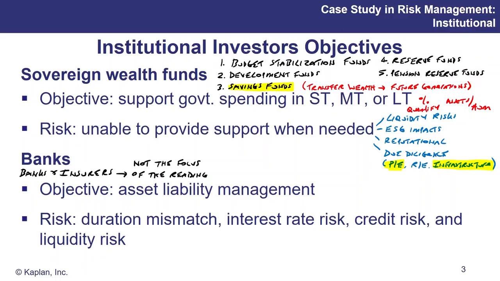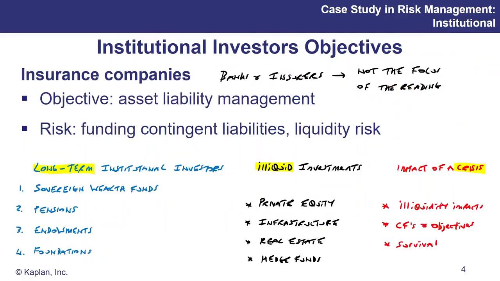So banks and insurers, not the main focus. All the asset liability management, of course, a lot in fixed income you've covered already. Not going to talk too much about it here at all. Same with insurance companies, not the focus, not the long-term nature.